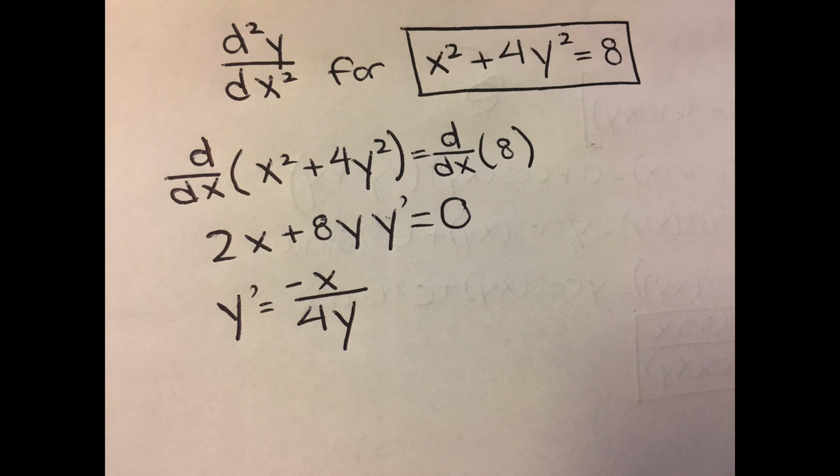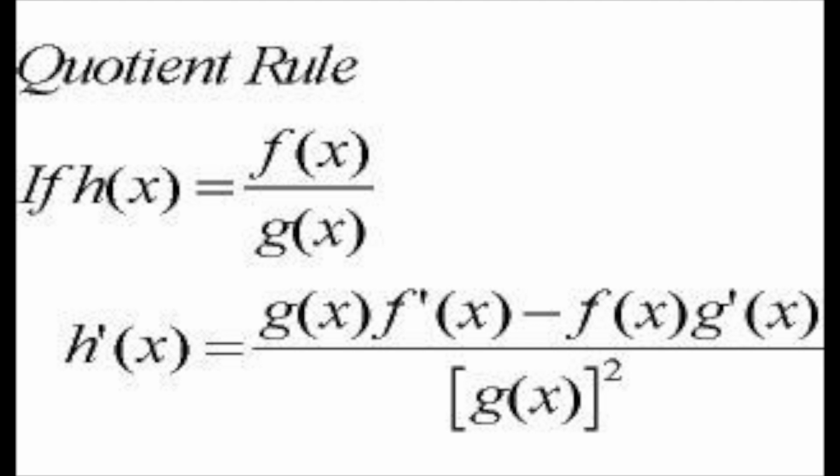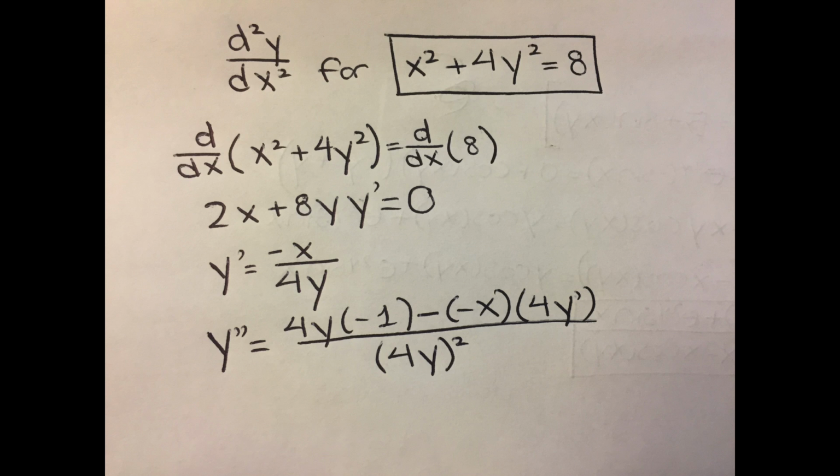But since the problem asked for the second derivative, you must continue and use the quotient rule to find y double prime. Make sure you show your work for each step so it will not only help you keep track of each term, but also reduce the chances of you losing points on tests from lack of work shown. So in this case, y double prime equals 4y times negative 1 minus negative x times 4y prime divided by 16y squared.